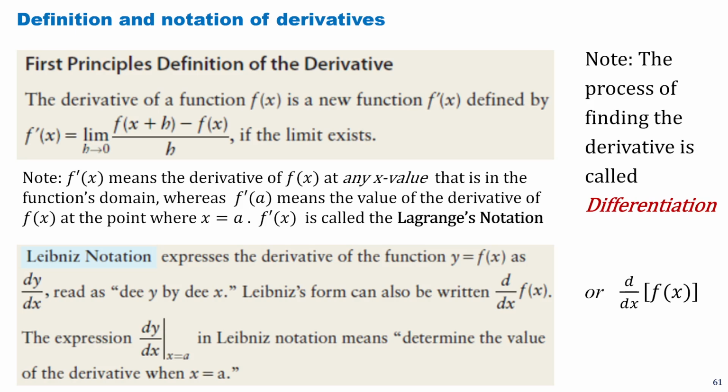The second notation is called the Leibniz notation, which is dy/dx. It also means the derivative of a function. And if you want to denote the derivative of the function at a certain point x equals a, then you can use this notation here, dy/dx when x equals a.